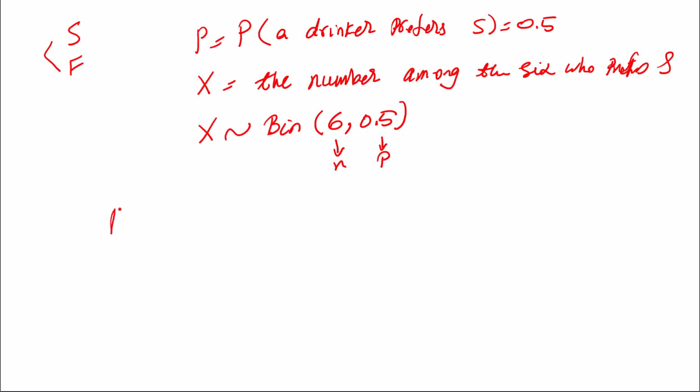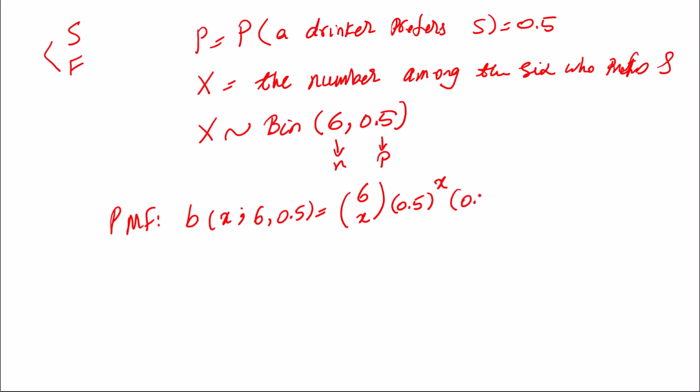So the PMF for this example is, we write b(x; 6, 0.5) is equal to combination of 6 and x, 0.5 in power of x, and 1 minus 0.5 is 0.5 in power of 6 minus x. So x is what? X is equal to 0, 1, 2, up to 6.